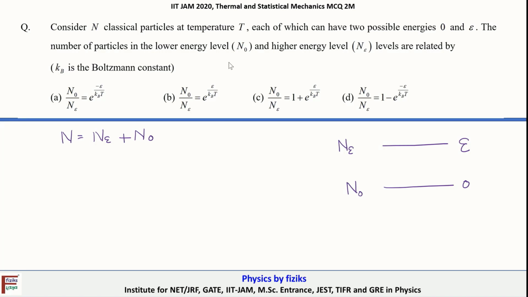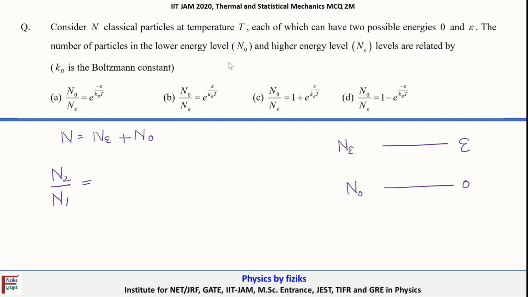So we have to look for the correct option. If we recall the Maxwell-Boltzmann distribution, the ratio between the number of particles in particular energy states is given by, for instance, n2 upon n1, where n2 represents the number of particles in energy state 2 and n1 represents the number of particles in energy state 1.